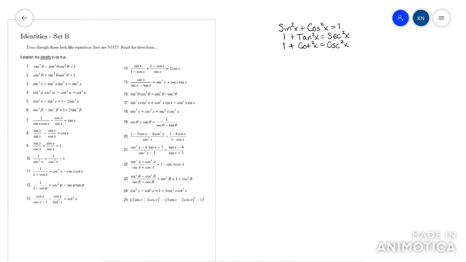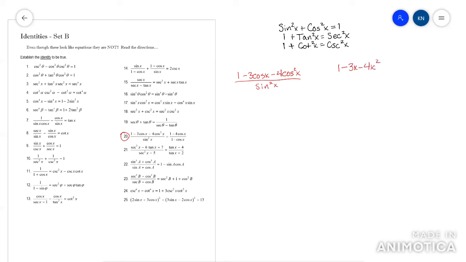Which brings us to number 20. Okay, this is number 20. And when you look at this problem, you should probably be thinking about a quadratic. Like, for example, what if it said 1 minus 3x minus 4x squared or something?